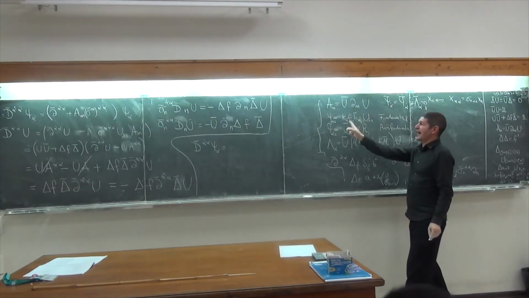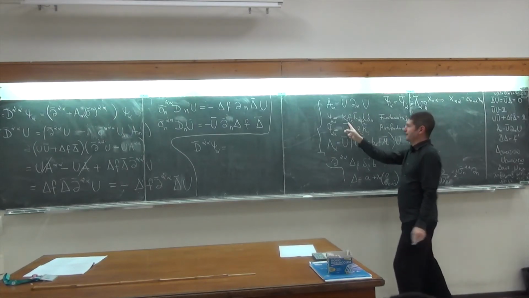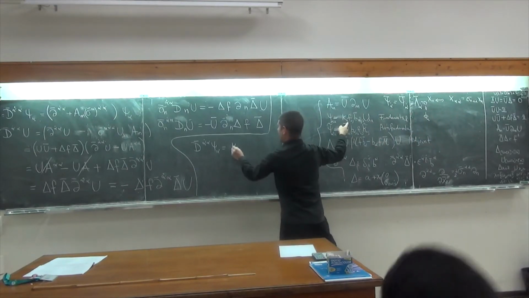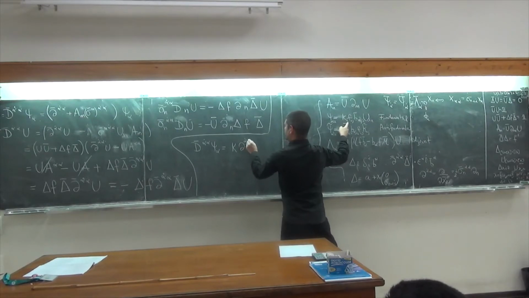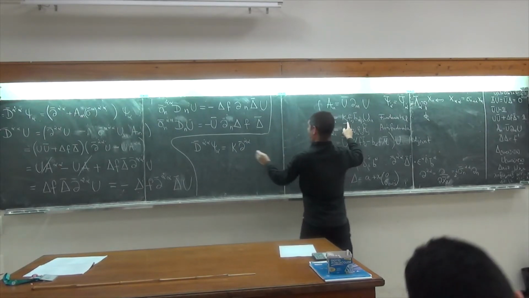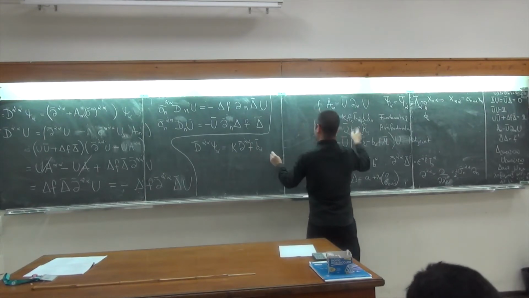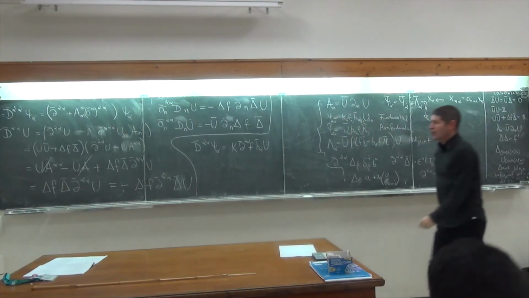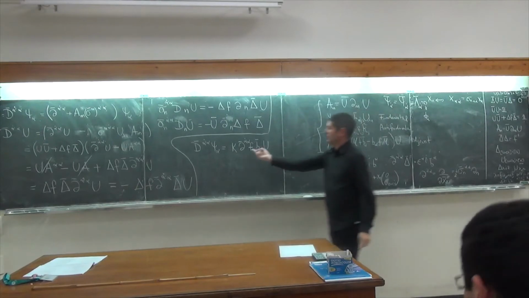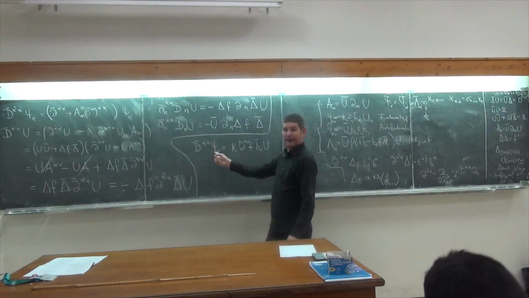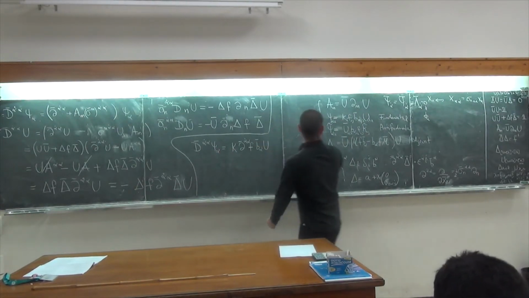Either the derivative acts on f, so you find k t alpha dot alpha f p bar alpha u, or the derivative acts on the u.